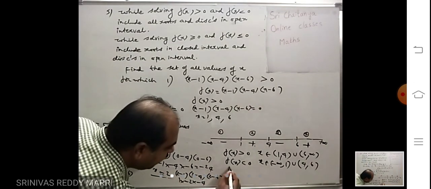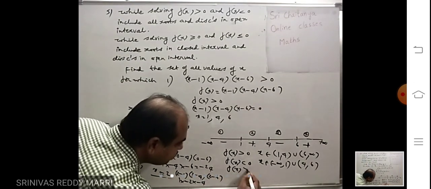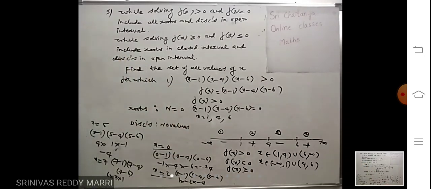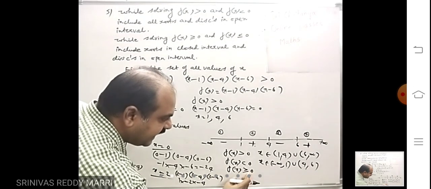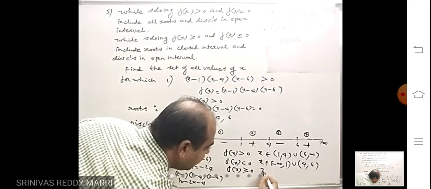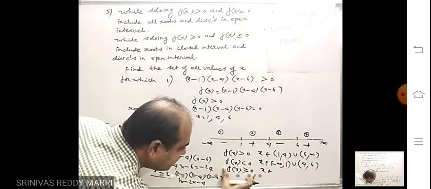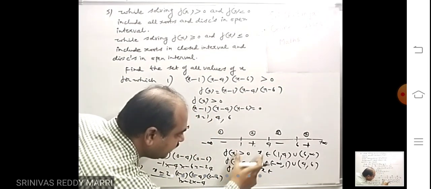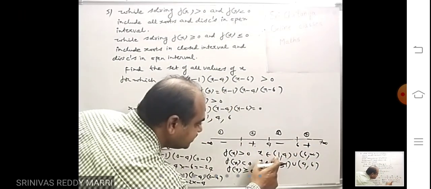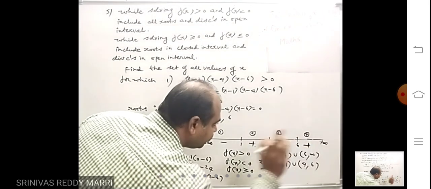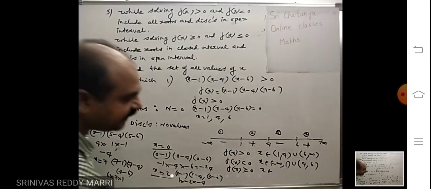So next, suppose he asks f of x greater than or equal to 0. For this also, positive intervals only, the same as greater than 0, but include them in closed brackets.